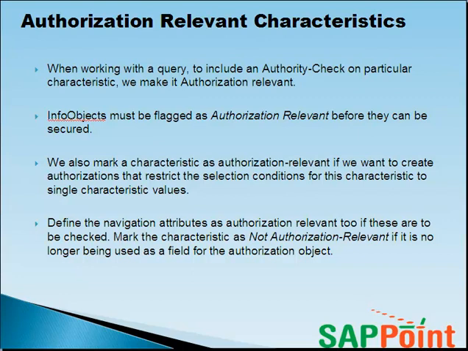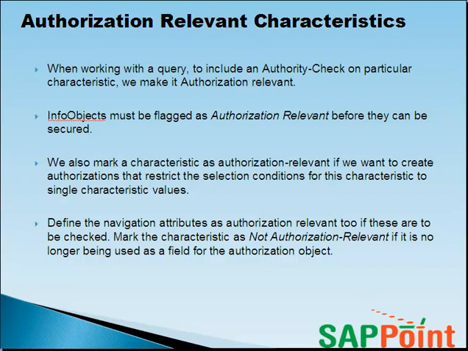And of course, there was a whole process after that. But the point is, to restrict data on a company code level, we had to make it authorization relevant. So you have to do something similar here also. Any characteristic on which you want to build security has to be made authorization relevant.